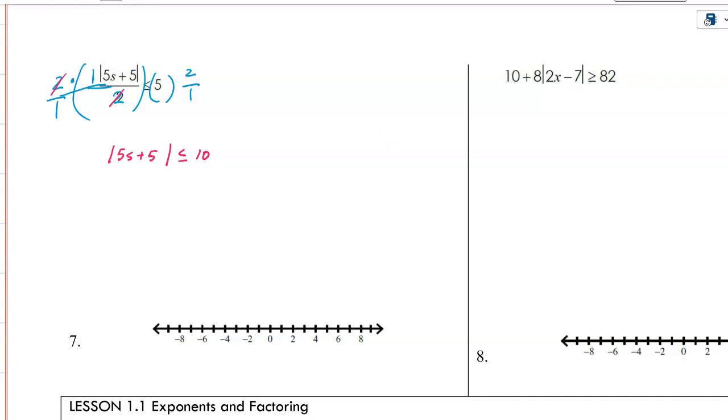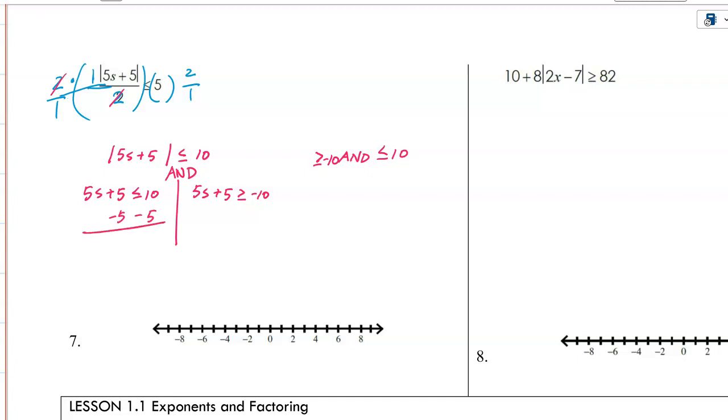Whatever 5s plus 5 is, it has to be less than or equal to 10, and it has to be greater than or equal to -10. So it has to be an and. 5s plus 5 less than or equal to 10, and 5s plus 5 greater than or equal to -10.